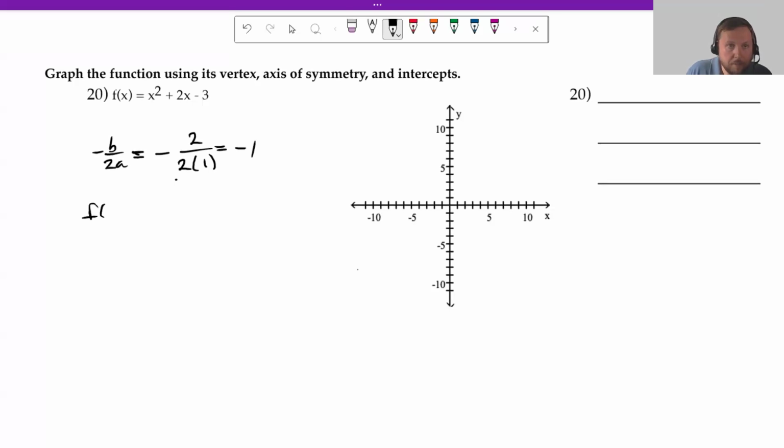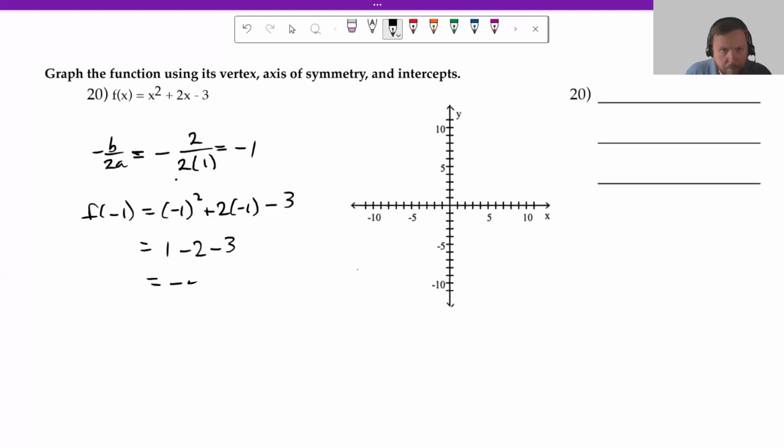To get the y component, we do f of -1. So we have -1 squared plus 2 times -1 minus 3. So we have 1 minus 2 minus 3. So we have -4. So my vertex is -1, -4.